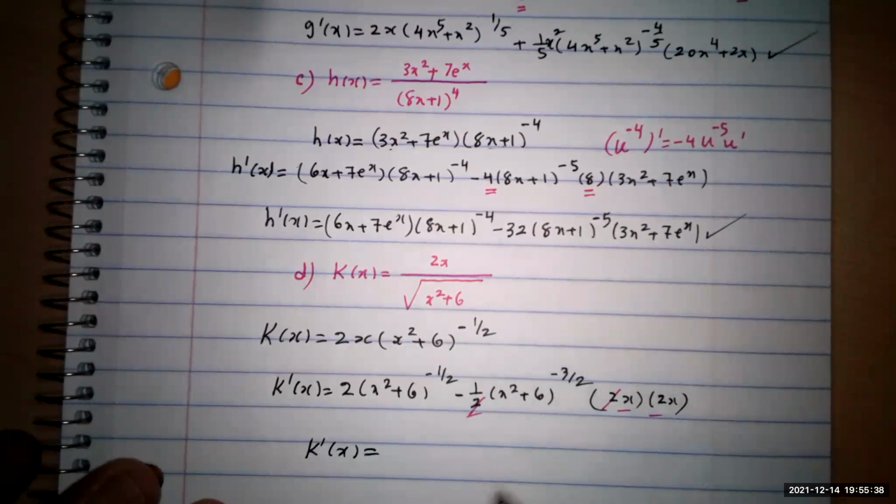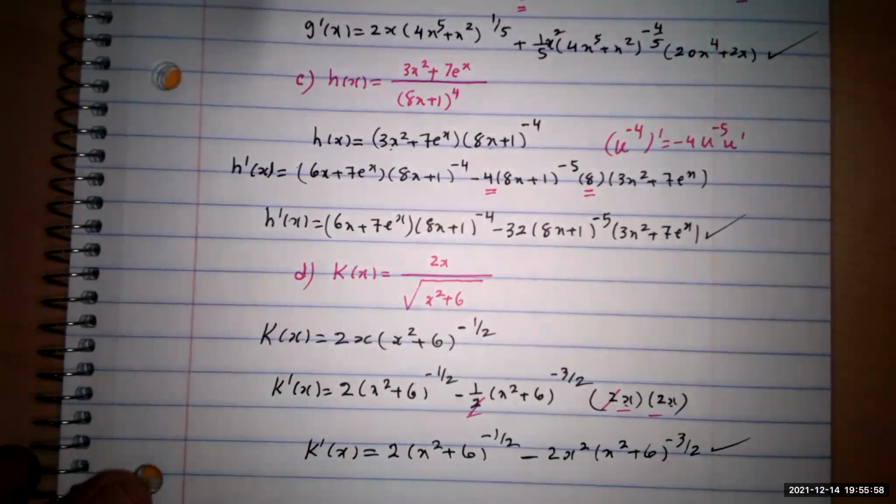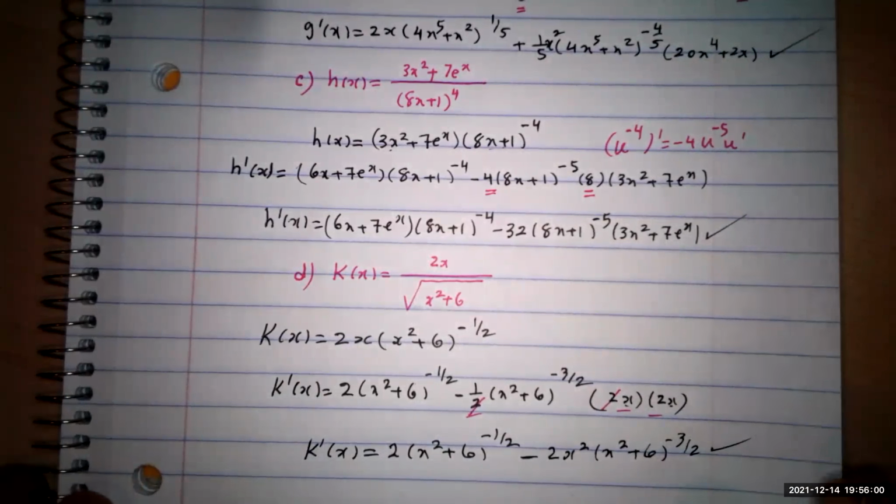It's equal to 2 times (x squared plus 6) to the negative half, and here minus 2x squared times (x squared plus 6) to the negative 3 halves as the final answer.